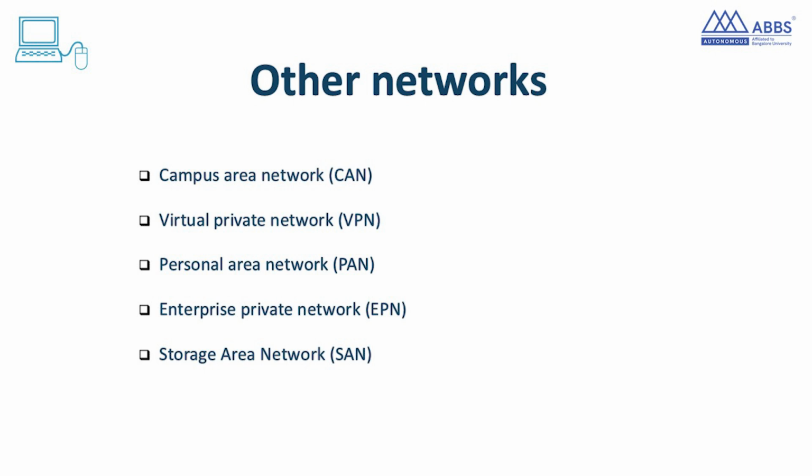Similarly, you can also have a virtual private network which has been set up to enable the devices whom you want to be connected at that point of time virtually. There could also be a smallest network which is personalized, like personal area network, PAN. Apart from that, you might also have enterprise private network like EPN.